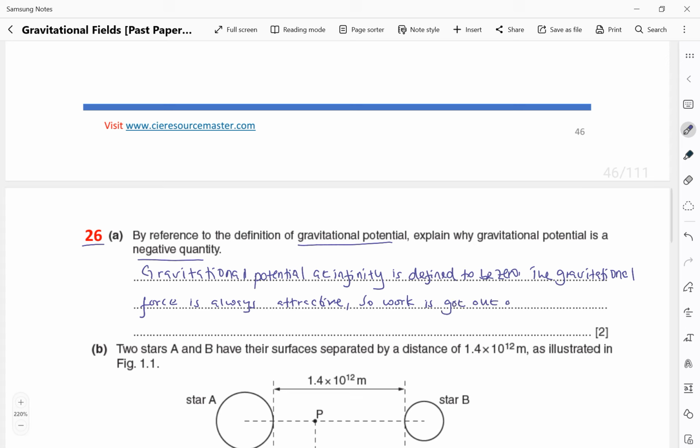Work is got out of the object as it moves from infinity, thus potential is less than zero, hence negative.